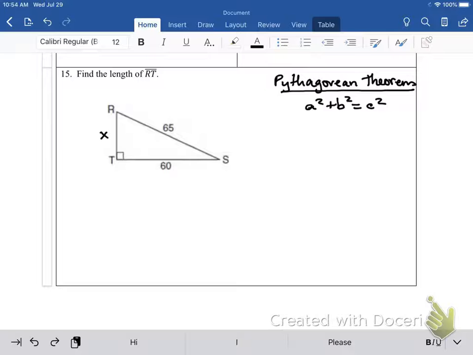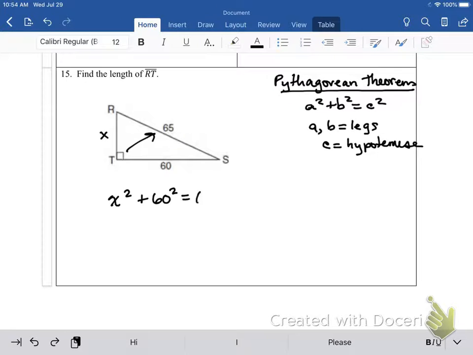And what it is, a and b are the legs of a right triangle, and c is the hypotenuse, which is the side that's across from the right angle. It's always c. It always has to be on that side. So the placement of this is very important. a and b, the other two, the x and the 60 in this case, are interchangeable. So in this case, I'm going to have x squared plus 60 squared equals 65 squared.